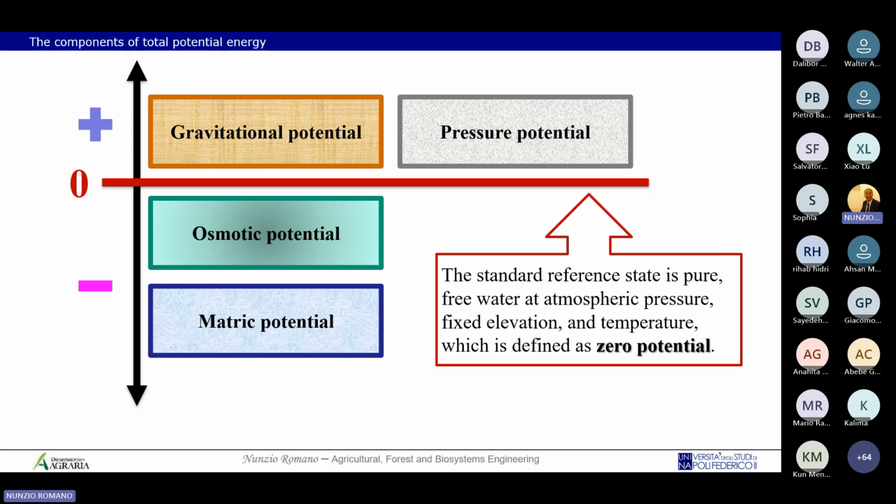And I put in this slide some positive and negative, but positive and negative need a reference. So the reference state, and this is another agreement, an international agreement made by the International Soil Science Society. The standard reference state is pure water, free at atmospheric pressure and at a certain location in the system and a fixed temperature.